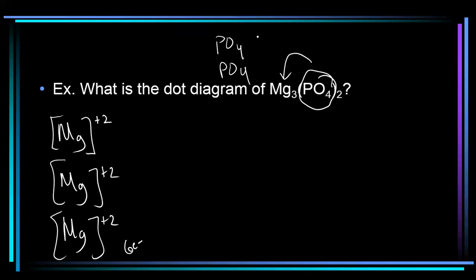P. How many electrons? O. 6 times 4. And the 3 magnesiums are able to give you 6 electrons, so let's split them in half. Who's in the middle?